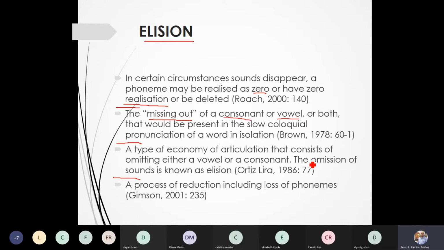Ortiz Lira refers to a sort of economy of articulation, meaning why use 4 syllables for a word if I can say it in 3 and I'm going to be understood anyway? It's like taking a shortcut to say exactly the same with less effort, less energy, right? And Gibson refers to this process of lost phonemes. Some phonemes are not there anymore. All of these definitions point to the same idea using different words.